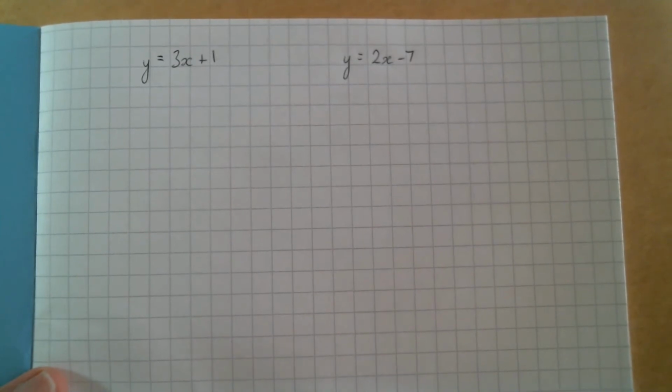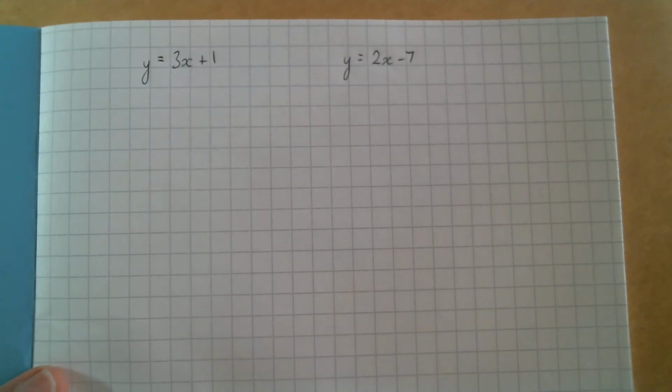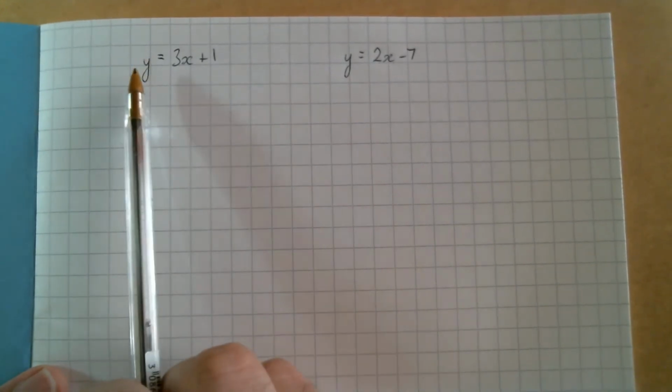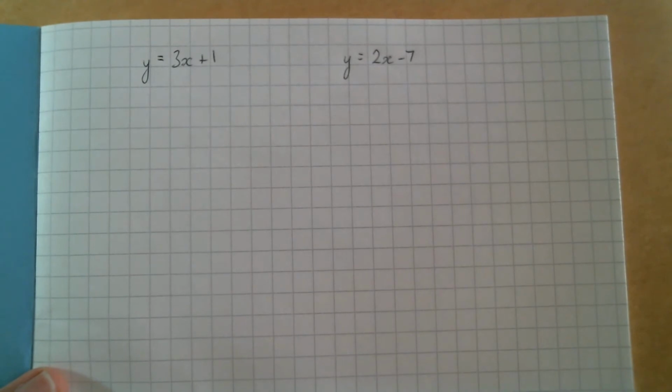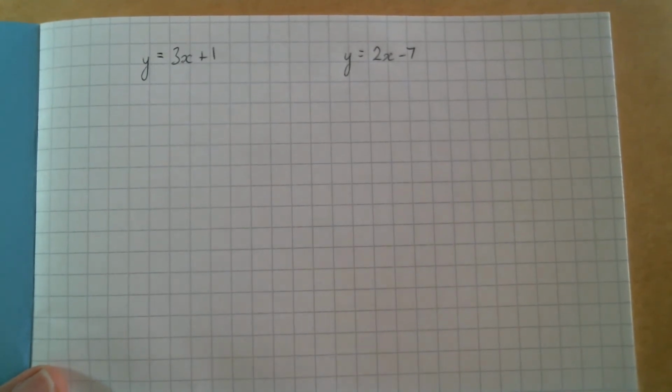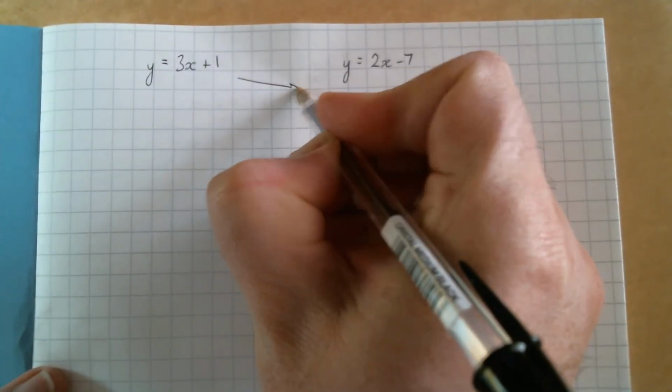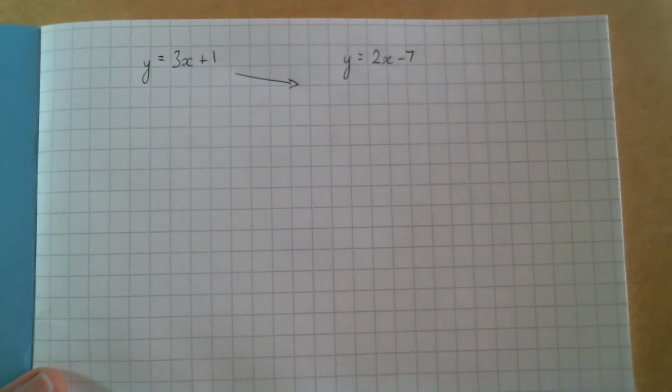When we solve simultaneous equations, what we're trying to do is discover where the two lines meet each other on the graph. That is, when do they both exist in the same point at the same time? That is, when, for instance, do these y values match each other? Well, we can decide to set it up to ask that very question.